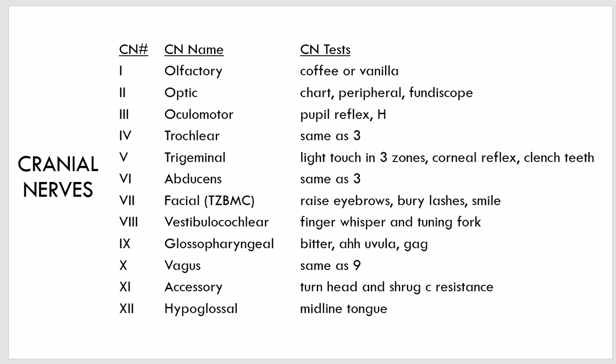So this one, doctors are going to test by light touch on 3 zones of the face, on the forehead, the cheek, or the chin. Usually they'll use a cotton ball or a cotton swab. And they'll barely just try and touch the peach fuzz on your face and see if you can feel it. They also can do this with corneal reflex, same thing.